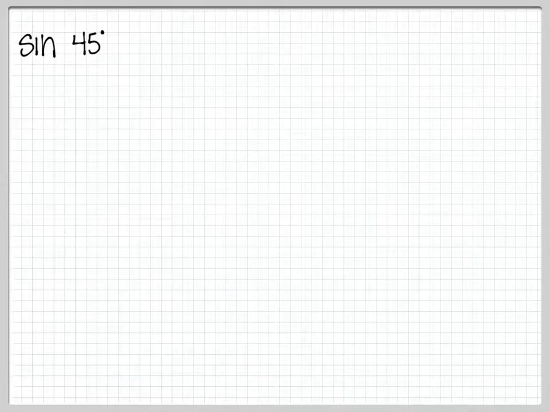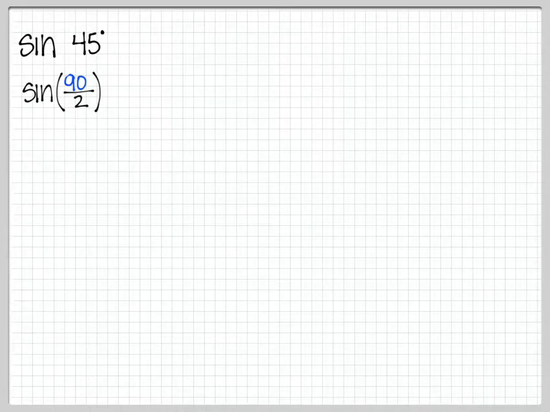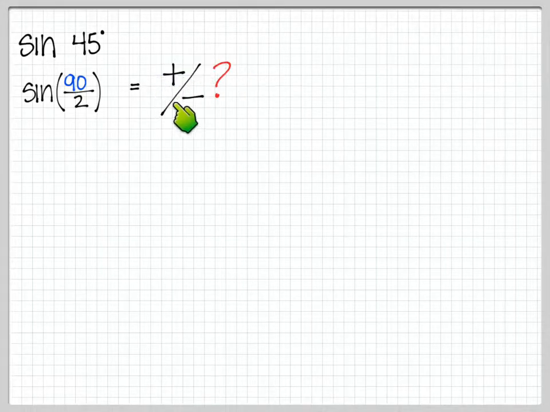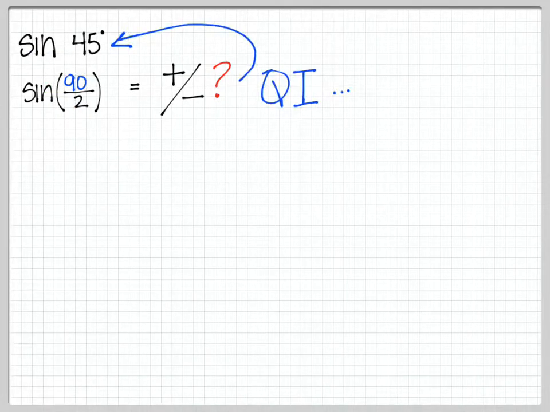So if I had sine of 45 degrees, I need to think about how I could write that as something divided by 2. Well, 45 happens to be 90 divided by 2. So 90 becomes my alpha. I have to determine first, is this going to be a positive or negative answer? Well, we go up here and say sine of 45. What quadrant is 45 degrees in? 45 degrees is in quadrant 1.